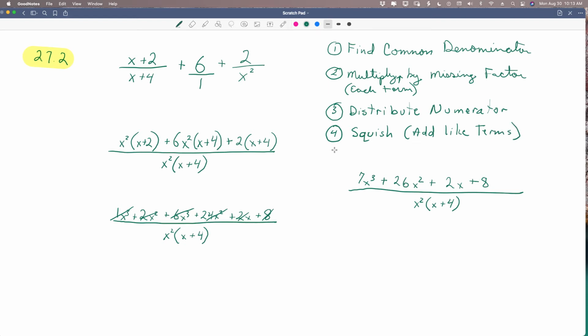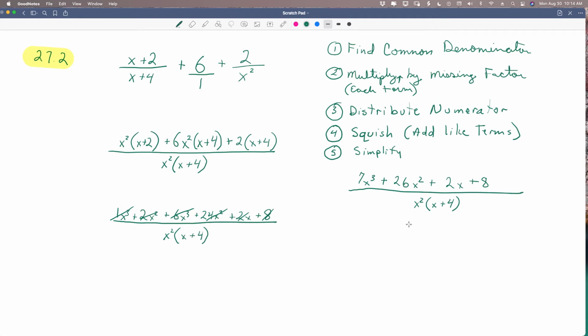And then if you can, which we weren't able to here, but if you can, then simplify. And that means to reduce or factor as possible. But we weren't able to do that here, so we could only go to the squish.